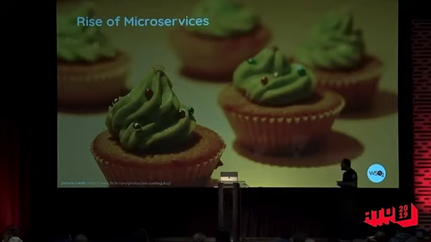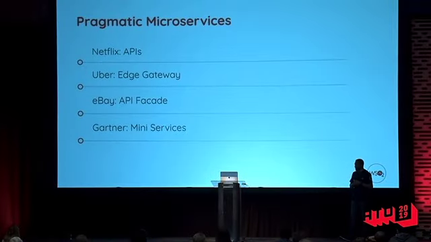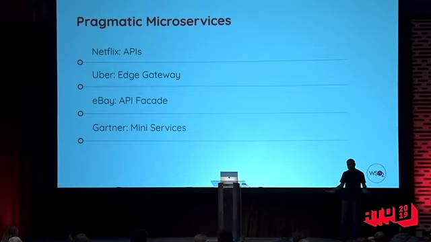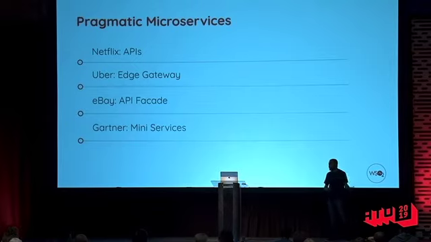Interestingly, we identified that the early adopters of this technology, like Netflix, Uber, and so forth, wrote a lot of microservices but started creating a layer on top of that. Netflix called it APIs, Uber called it Edge Gateway, the same concept under a different name, and eBay called it API facade. Even Gartner introduced this concept called mini service on top of the microservice. So it became a common pattern.